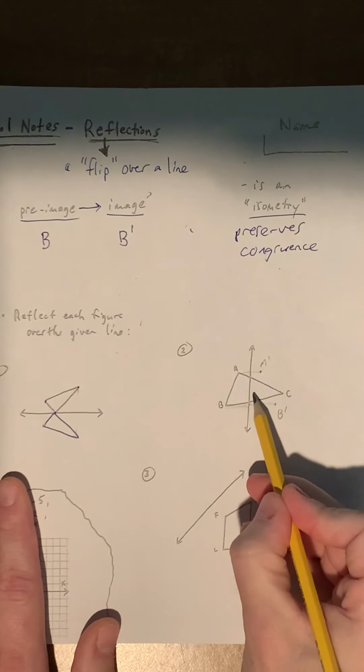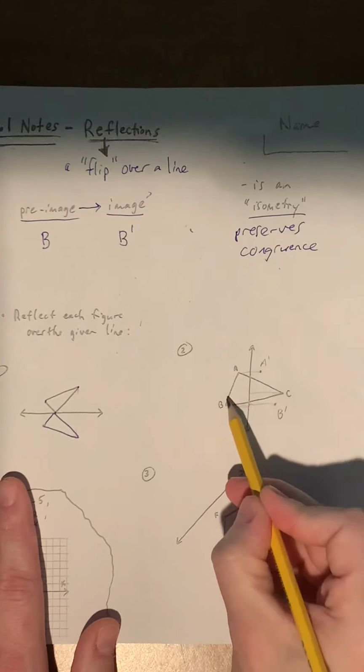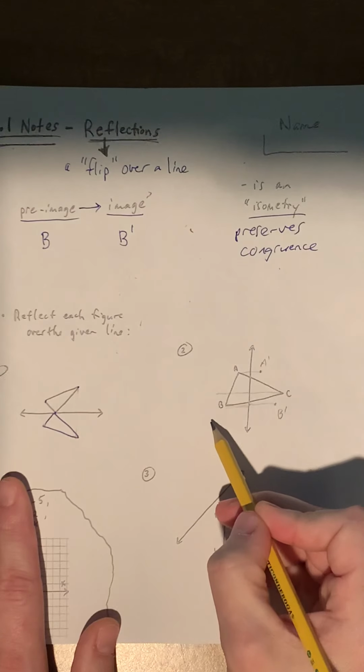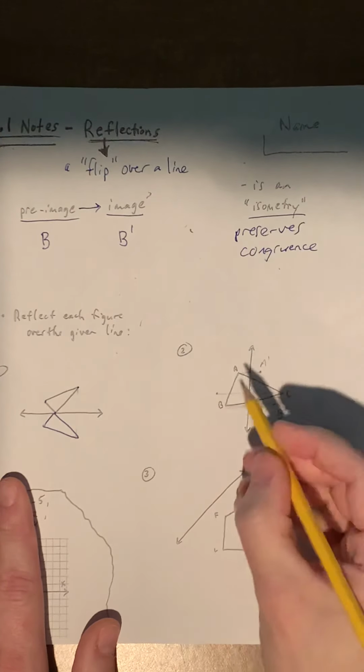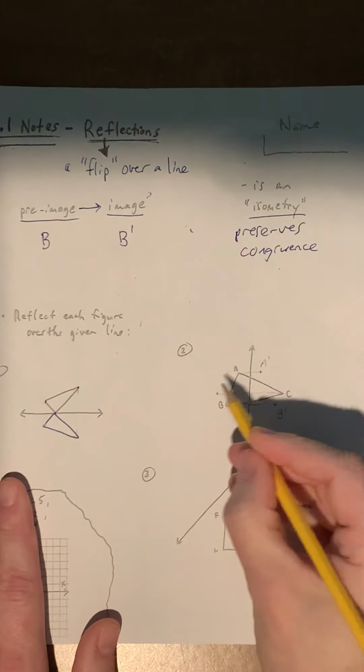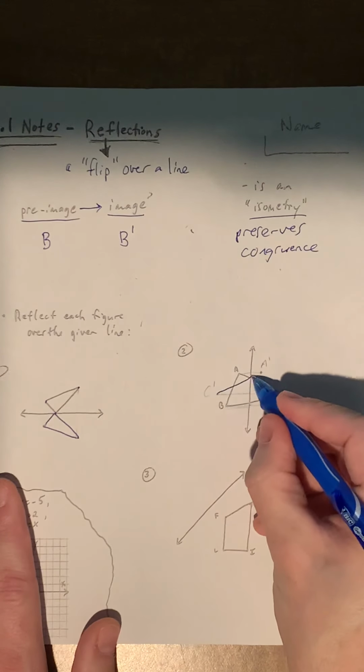And then from C, helper segment here, straight out the other way. And that's where C prime should be. And then once you have your 3 vertices in the image, you may make your triangle.